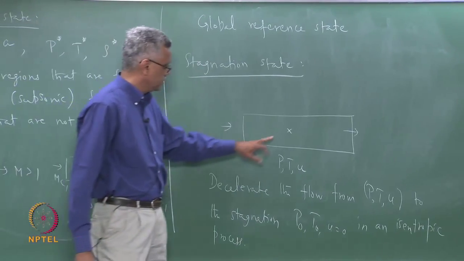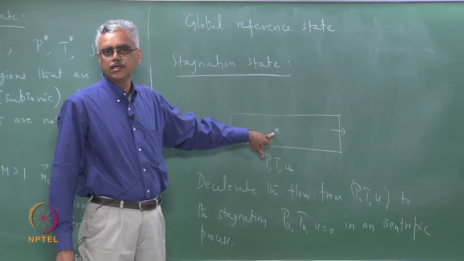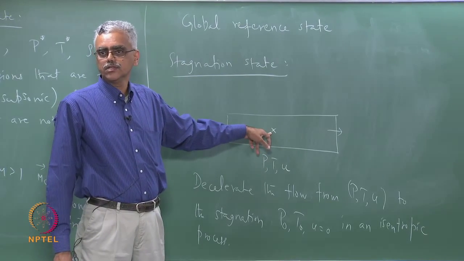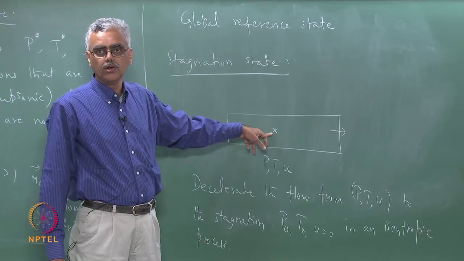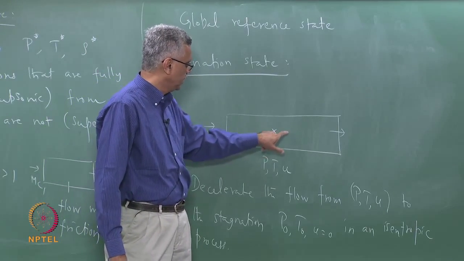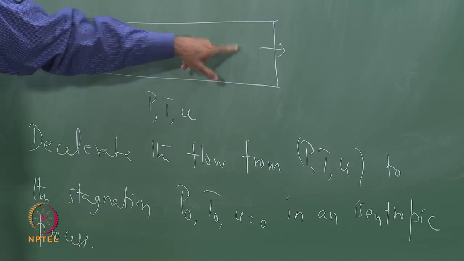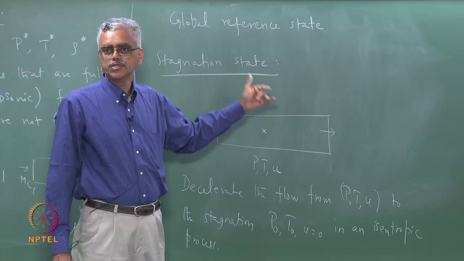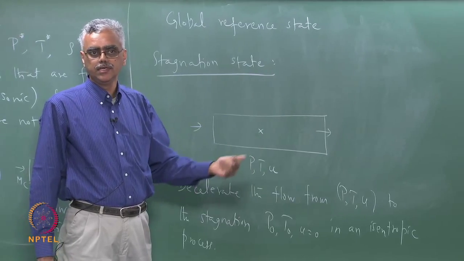So in this sense, the stagnation state is a local reference state in contrast to the sonic state, which is a global reference state. So I can do this experiment at any point in the flow field and obtain the stagnation pressure, stagnation temperature and stagnation density from this.